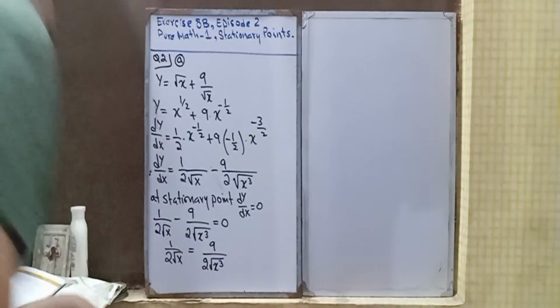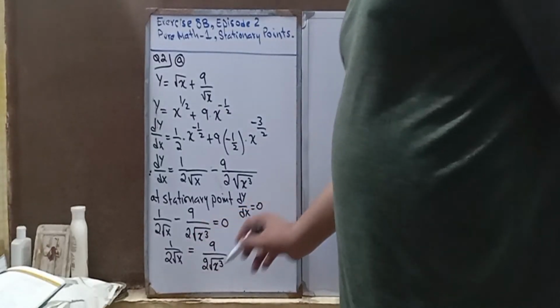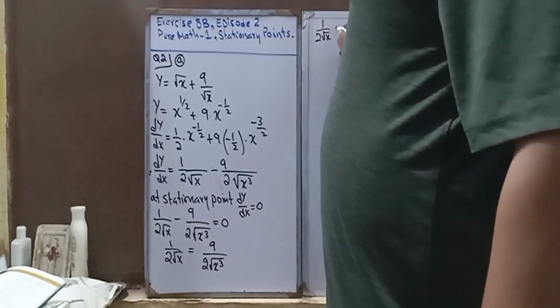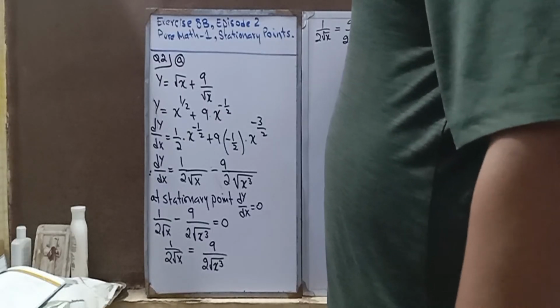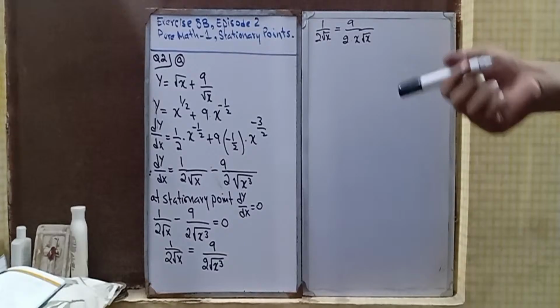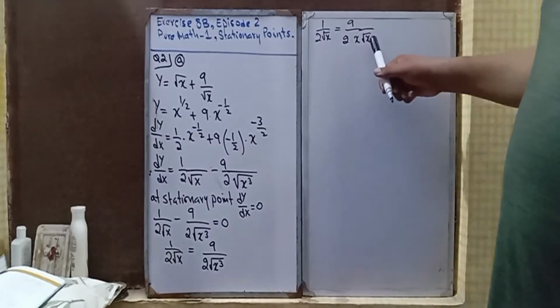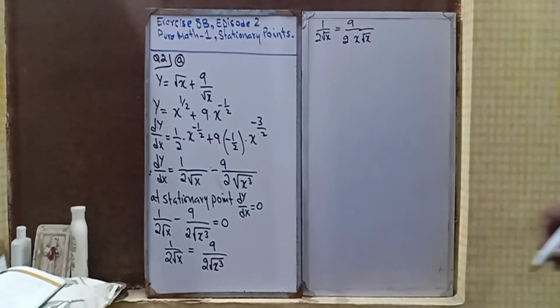So this is basically 1 by 2 under root x, and this is 9 by 2. This is x into under root x. The x cube is x into x into x, so one of the x will become outside the radical sign, and the 1 will remain inside.